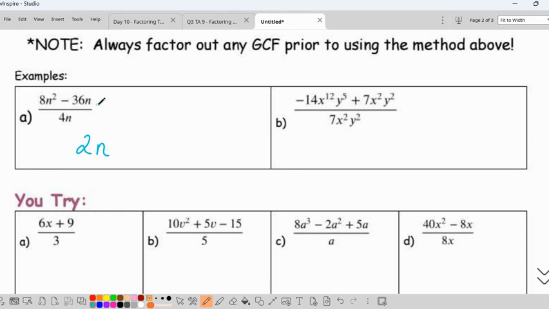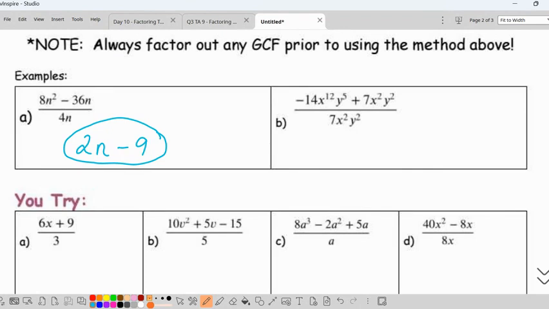And now we're going to go on and divide the second part of our binomial, negative 36n by 4n. Negative 36 divided by 4 is a negative 9. And our n's would cancel each other out when we subtract those exponents. And our answer to this division problem is 2n minus 9.